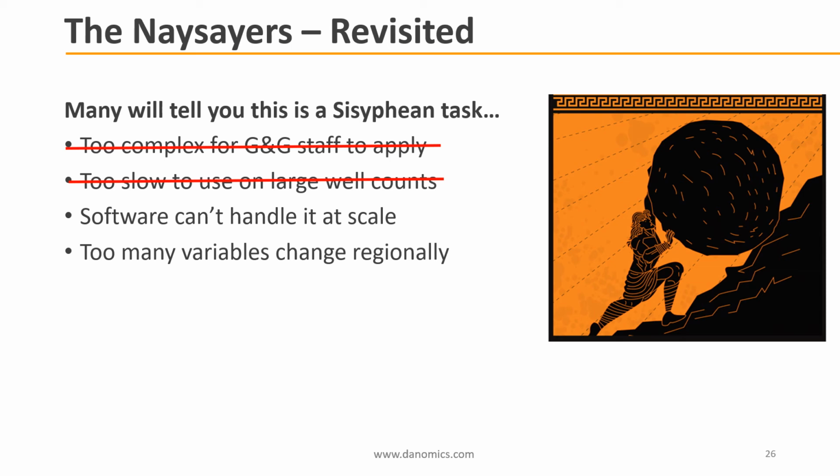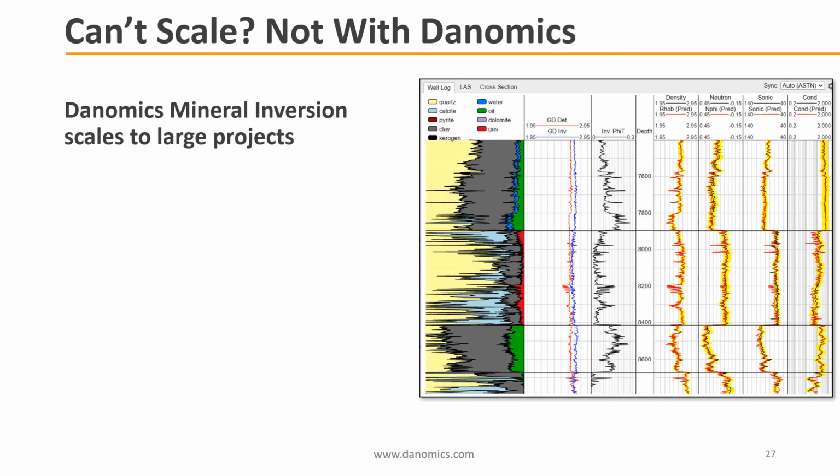So what about, is the software actually architected in a way that allows you to run mineral inversion at scale? A lot of people have come to us and said, well, I've traditionally used a legacy software package, something like a TechLog or an IP.